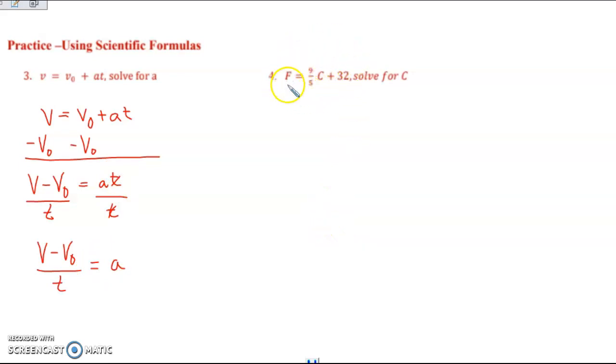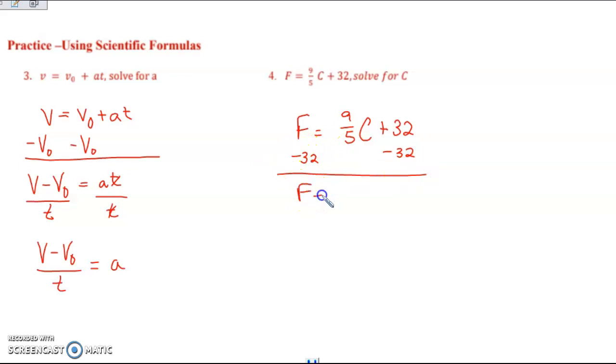This is for finding the temperature in Fahrenheit when it gives you Celsius. You can also use it to find what Celsius is going to be if you have Fahrenheit. So we're going to rewrite it. And I want to get C by itself, so I need to get this C here by itself. So I'm going to subtract 32. Still want to get C by itself.